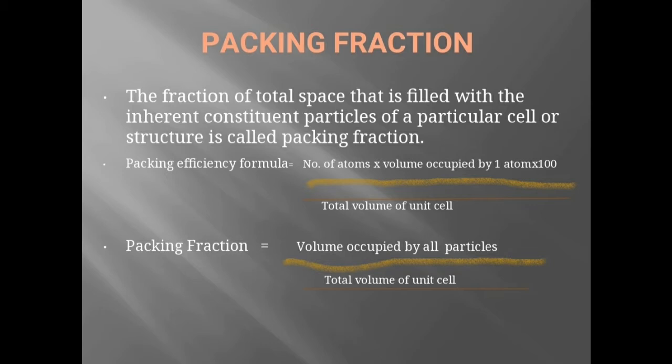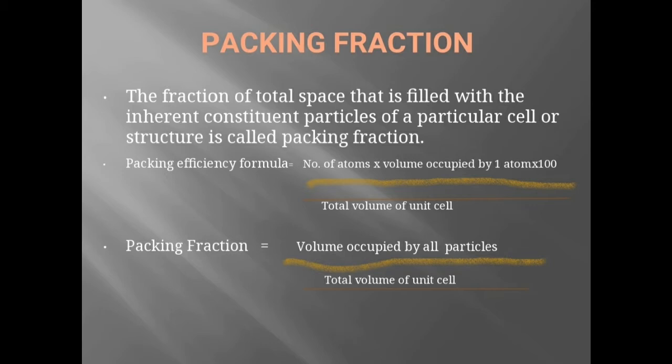So we know that a unit cell may be viewed as a 3D structure made up of one or more atoms. Some void space is also present irrespective of the type of the cell. Packing fraction means the fraction of total space that is filled with the inherent constituent particles of a particular cell or structure.